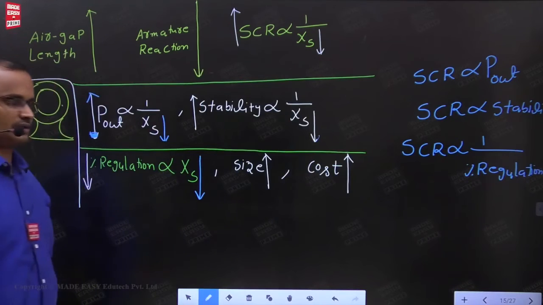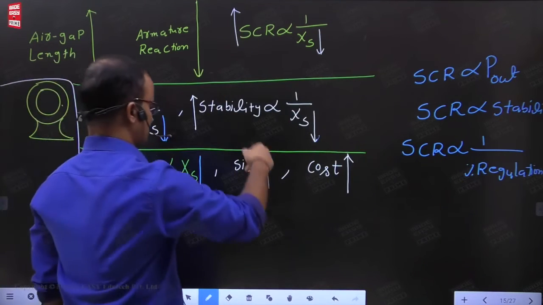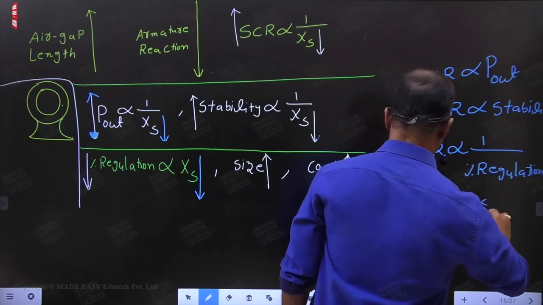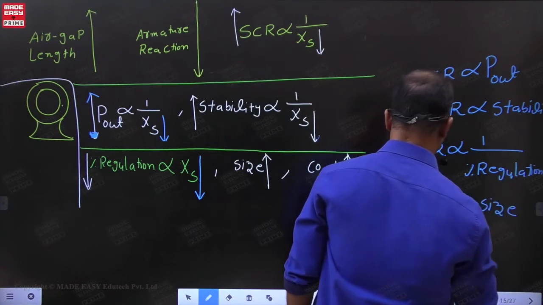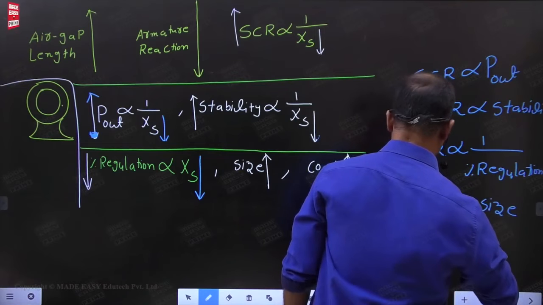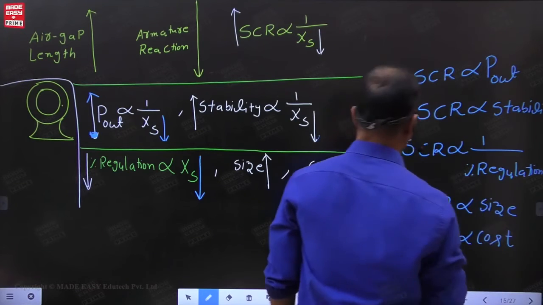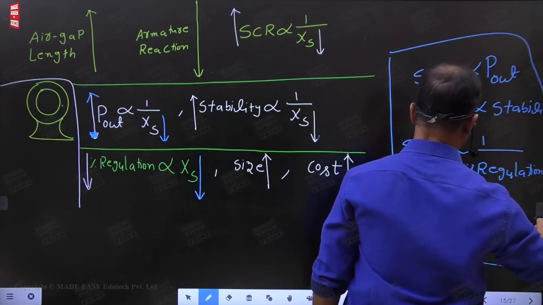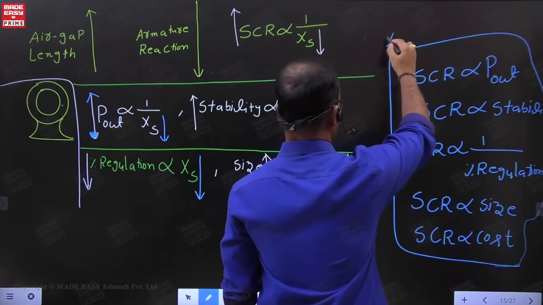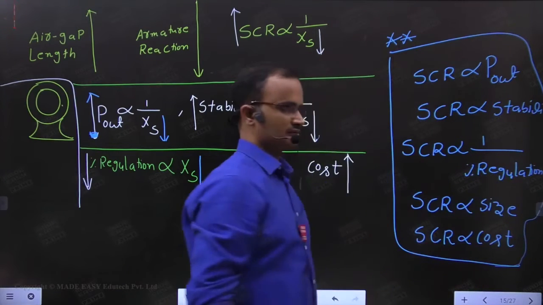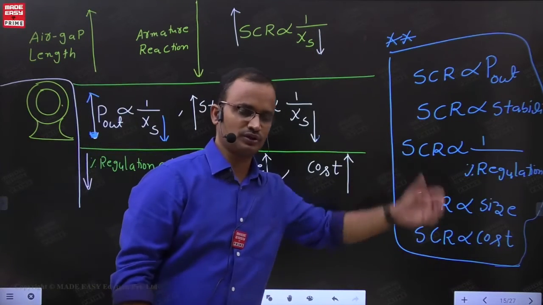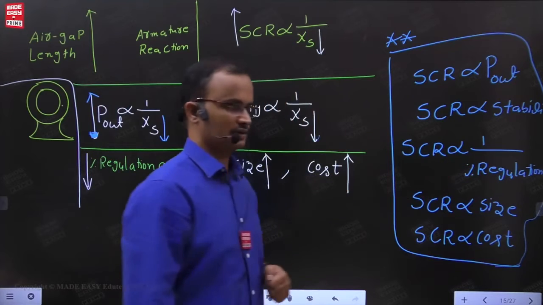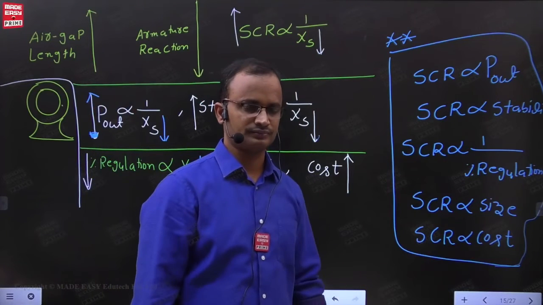Come to the size and the cost. देखिए इधर SCR increasing, size also increasing. What about the cost? In the objective questions, they compare like this: the P output SCR relation, stability SCR relation, regulation and SCR relation, cost and the size.